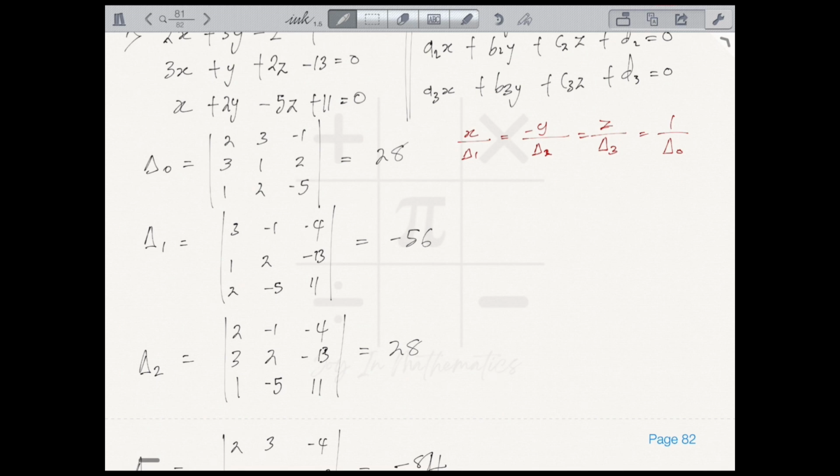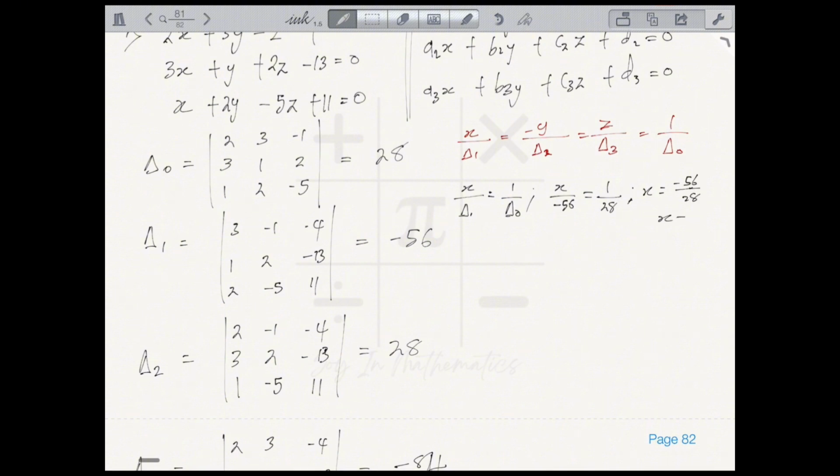To evaluate x, this will be 1 over delta 0. Therefore x divided by delta 1, which is minus 56, is equal to 1 divided by delta 0, which is 28. So my x is equal to minus 56 divided by 28.